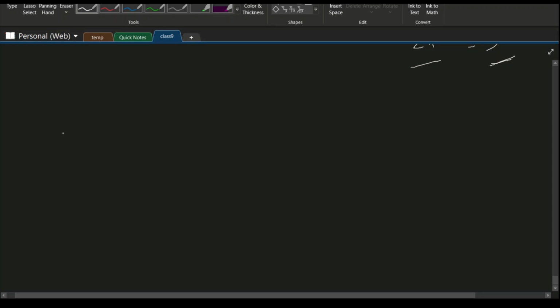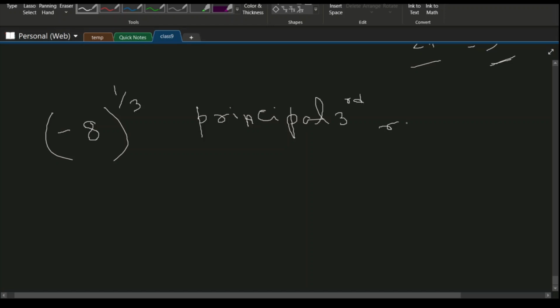Now let's take a negative number. Let's say if I take minus 8 to the power 1 by 3. So what is this? Again, this is principal third root.